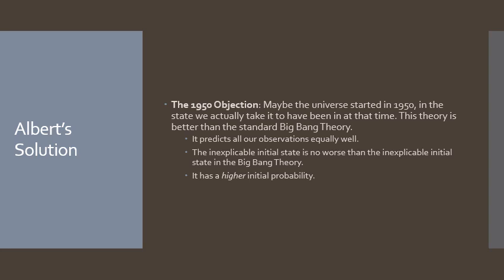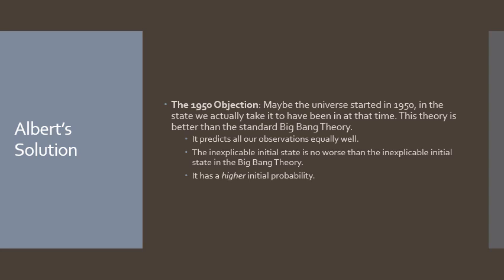And also, by the way, the 1950 theory has a higher initial probability because the state the universe was in in 1950 has a higher prior probability than the state it was in allegedly at the time of the Big Bang, and actually higher by many orders of magnitude. And how do I know that?